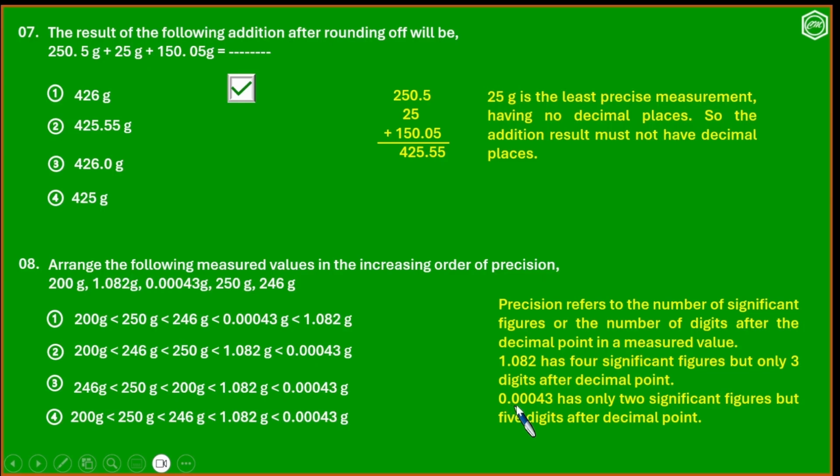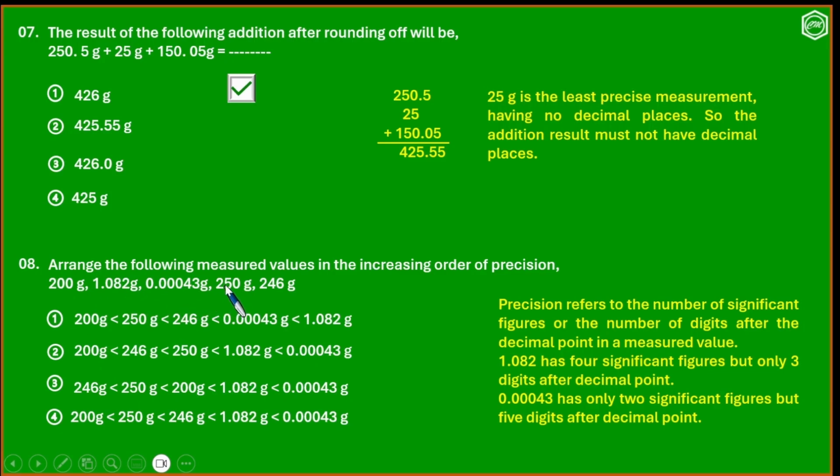On the other hand, 0.0043 has only 2 significant figures but 4 digits after the decimal point. So in this case, 1.082 is less precise compared to 0.0043.